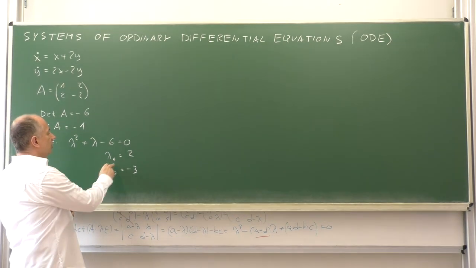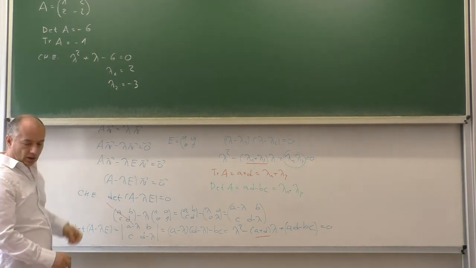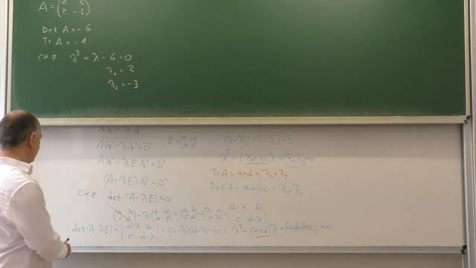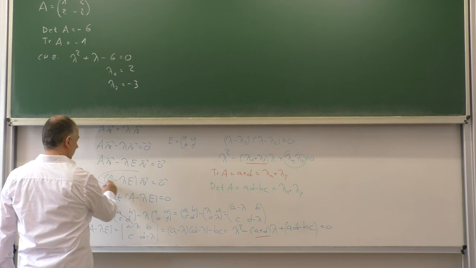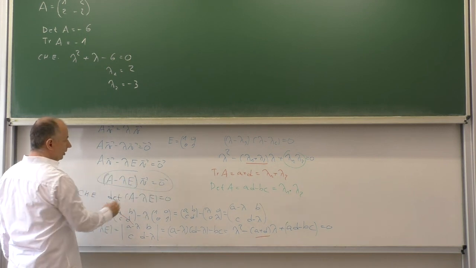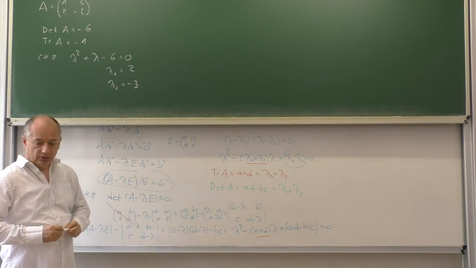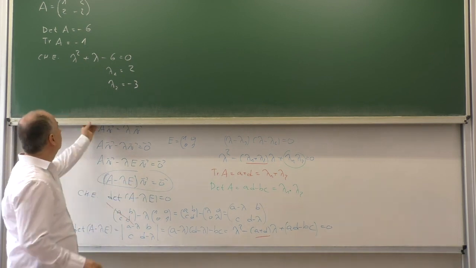And now for each eigenvalue, lambda 1 and then lambda 2, we go back to this equation, because now this bracket is already a known matrix and we can solve for the vector V.